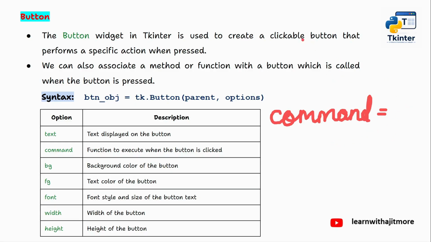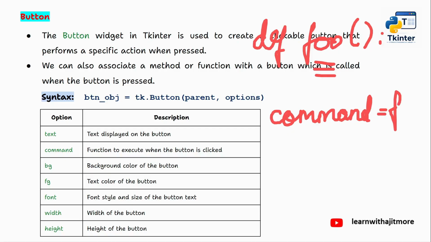Or if you have defined any function already, like def foo, and in that you have written some reaction logic, I'm just going to write command equal to foo. Don't write round brackets, because round brackets mean foo will get called. We don't have to call it. We are just giving the reference of that function. Your function reference you're assigning to command. So command equal to foo. It is not going to call now. We have just set the reference.